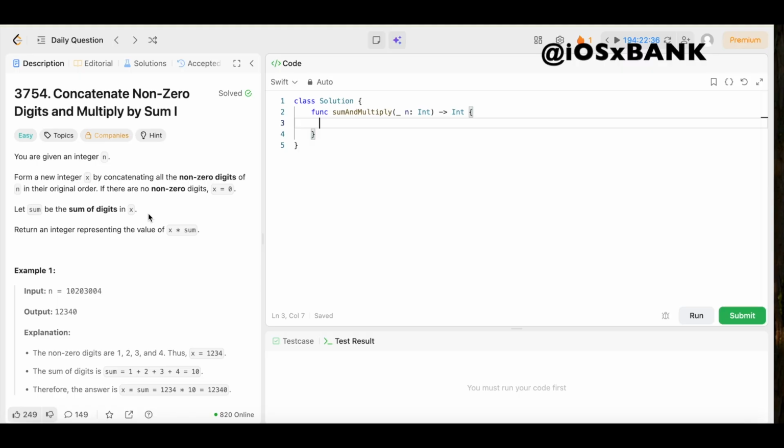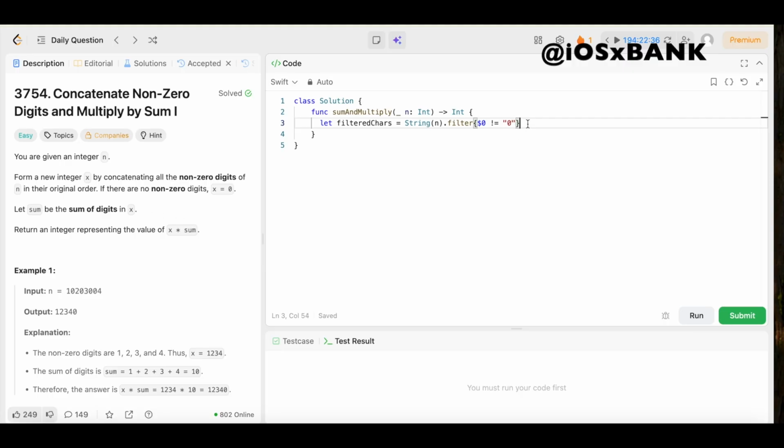So we're going to say let filteredChars equal String(n).filter { $0 != "0" }. Now if every digit was removed, that means it was all 0, so we return 0. Otherwise, we're going to convert the remaining digits back into an integer.